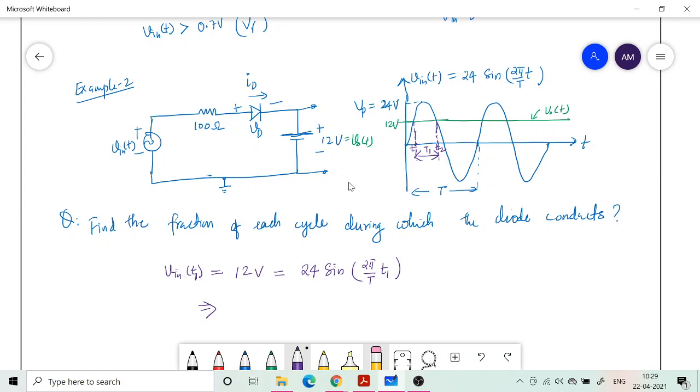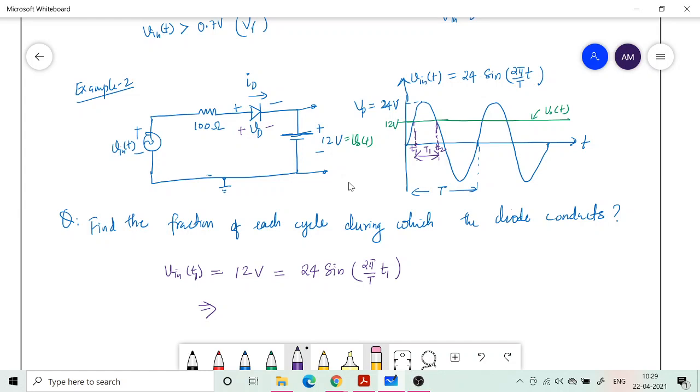If it is lesser than 12 volt, because the N side is fixed at 12 volt, the P side has to go above 12 volt so that this VD becomes positive. That's the only way VD can become positive, right? Only when the input voltage rises above the 12 volt. So the critical point is that 12 volt. That is why we are equating 12 volt to 24 sine 2 pi by T into t1.